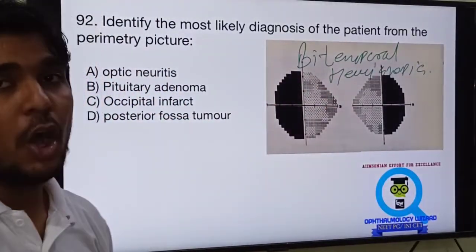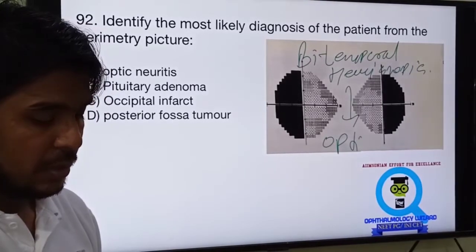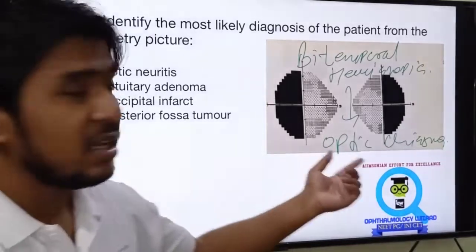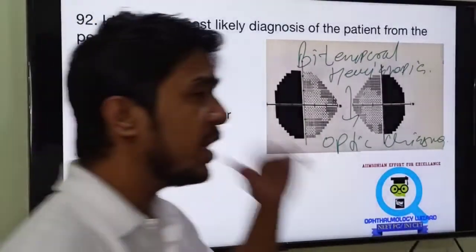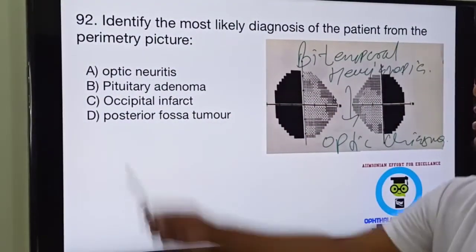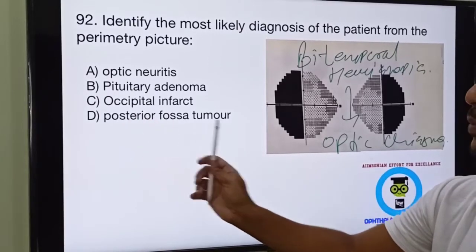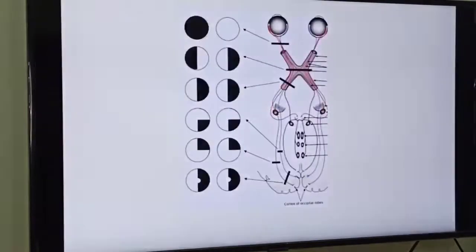So the lesion is at the optic chiasma. Which condition will cause compression at the optic chiasma? The answer is quite clear: pituitary adenoma. That's it.